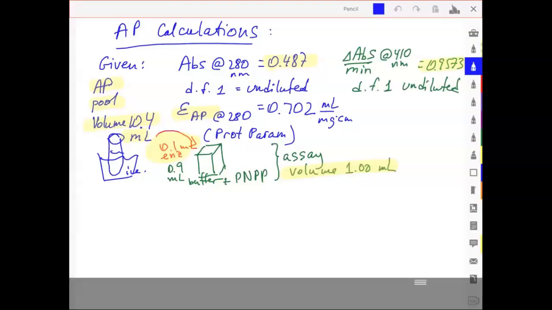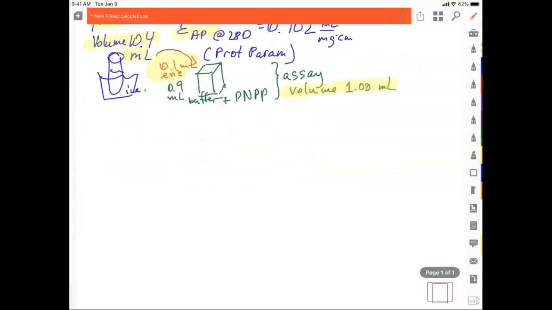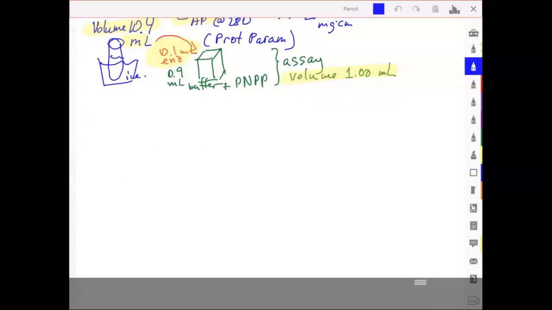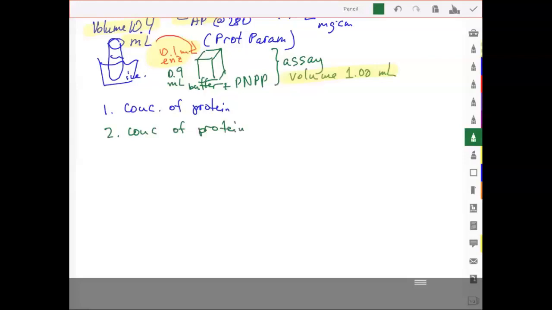All right, so let's review what we're going to calculate. I'm going to just list things here. We're going to figure out first the concentration of protein in the original tube. Then I'm also going to put the concentration of protein in the assay, right?